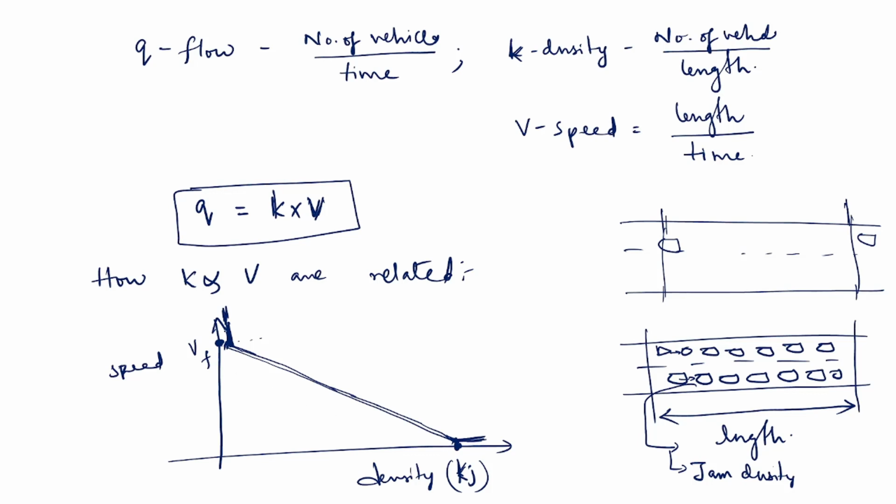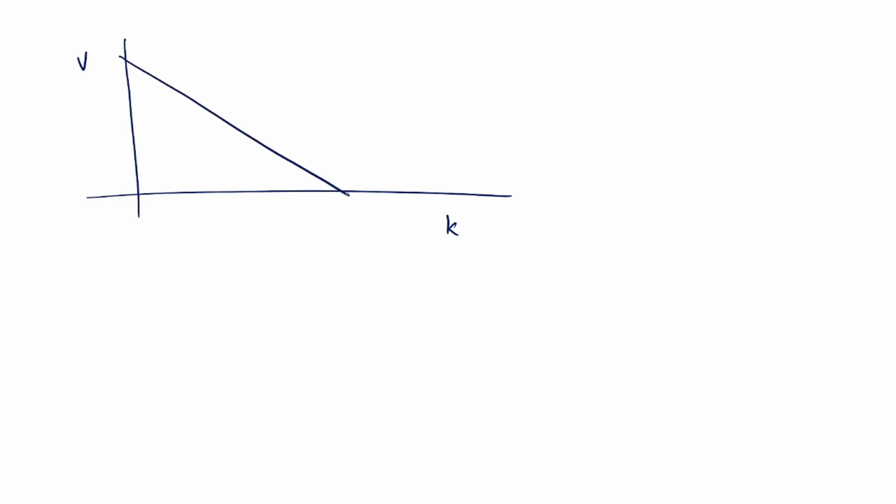So they are asymptotic to the axis, but it is linear. Now we understood the relation between speed and k. This is given data. This is Vf, this is Kj, jam density.